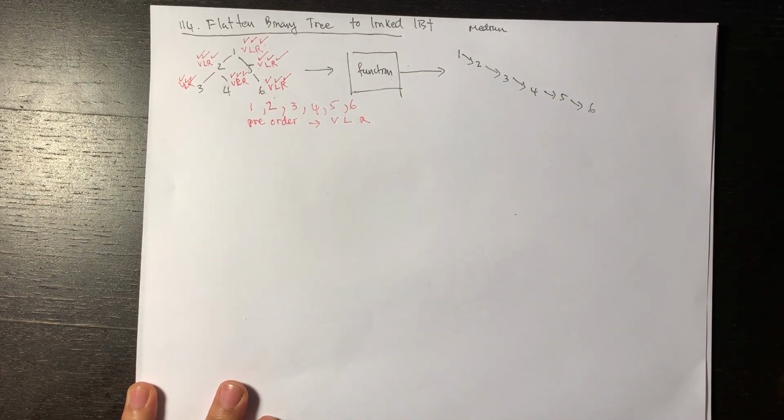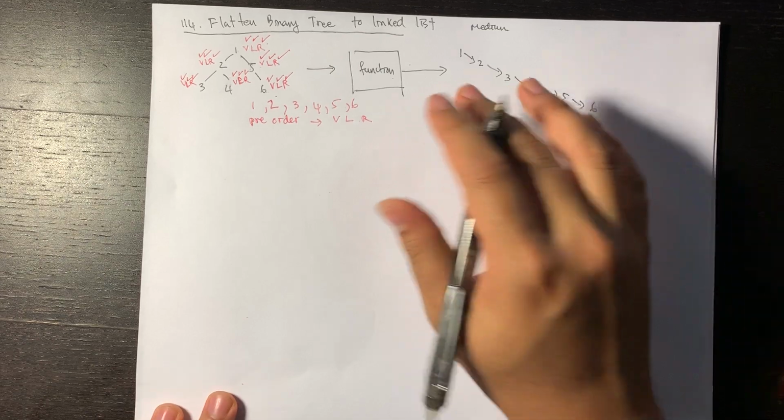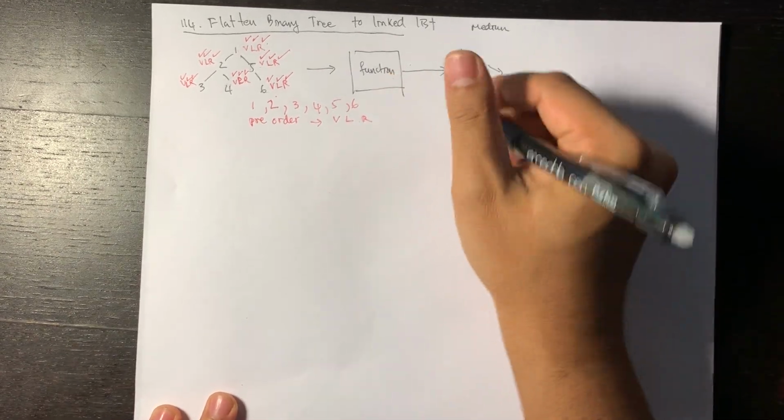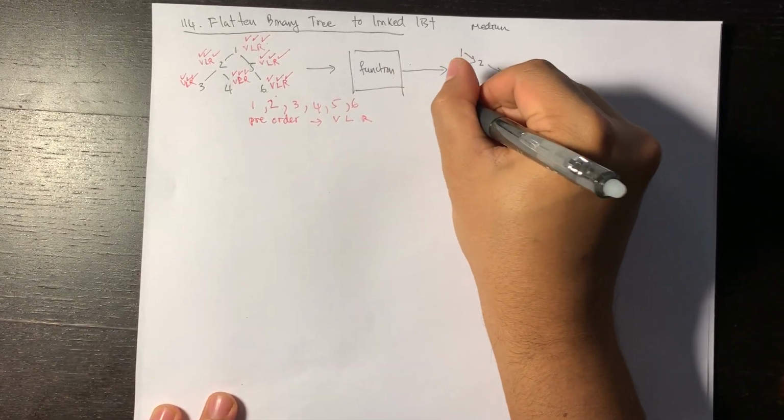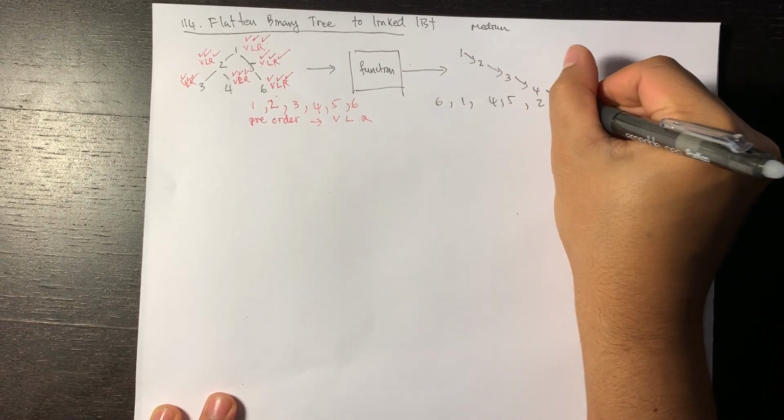I think pre-order will always give us a sorted result. Let's do another example. Let's do 6, 1, 4, 5, 2, 7.